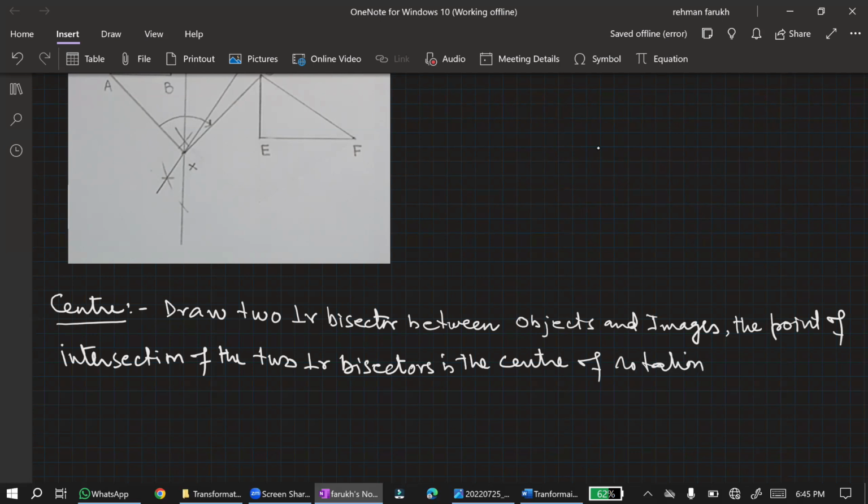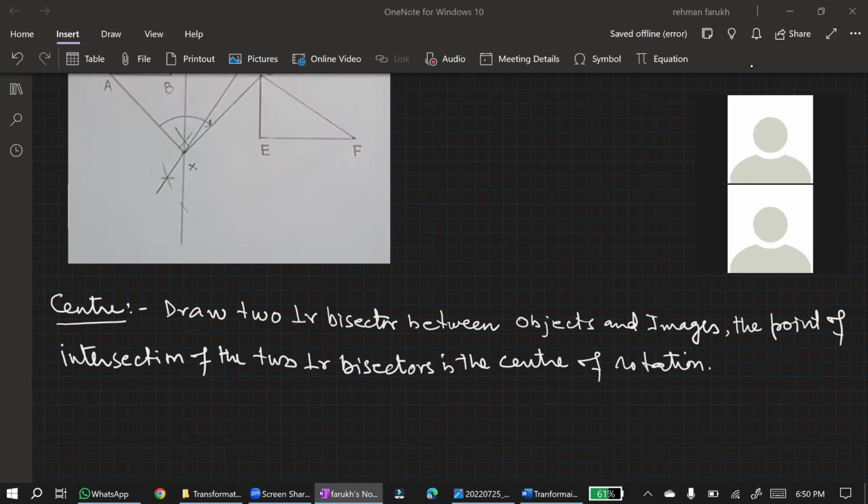Is there any confusion? Now I will write down the steps to find out the angle of rotation.